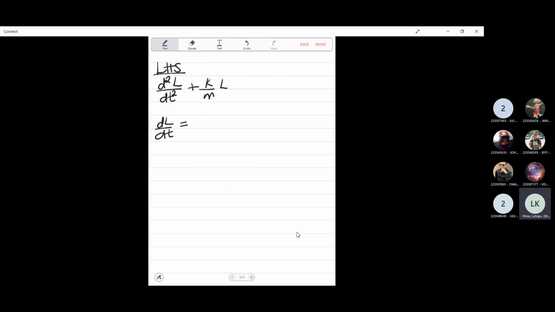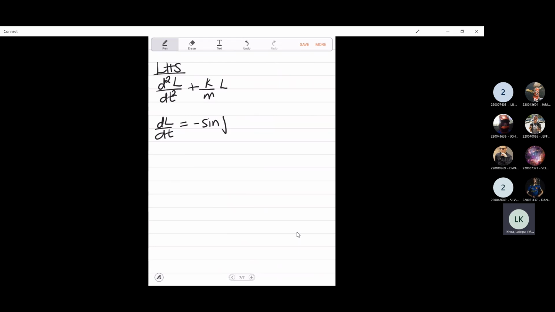this is minus sine of the square root of k over m times t, and then we multiply by the derivative of that, which is just the square root of k over m.